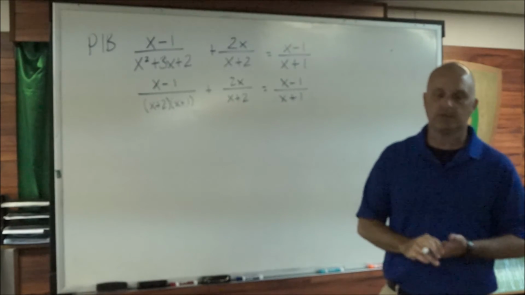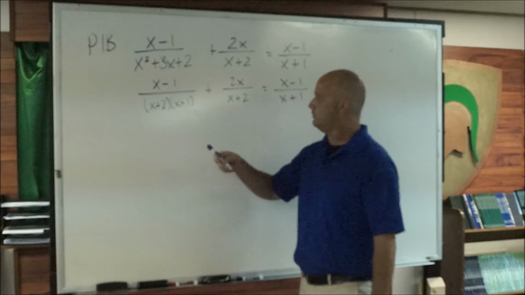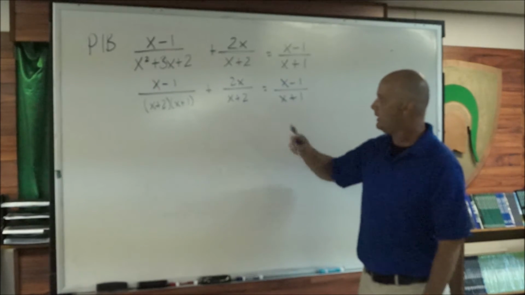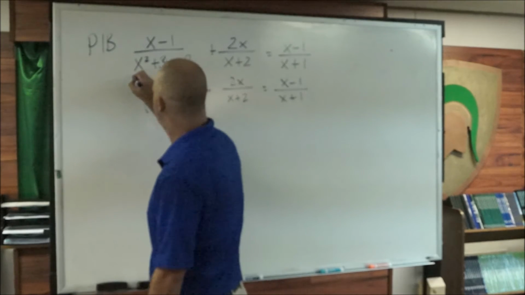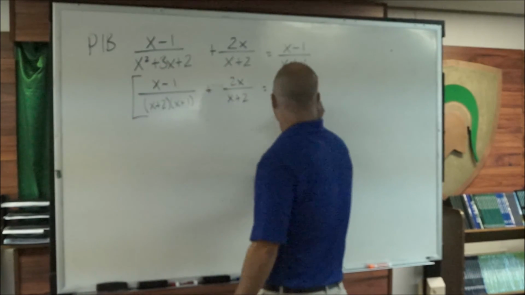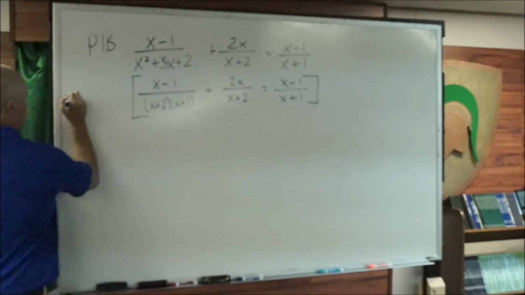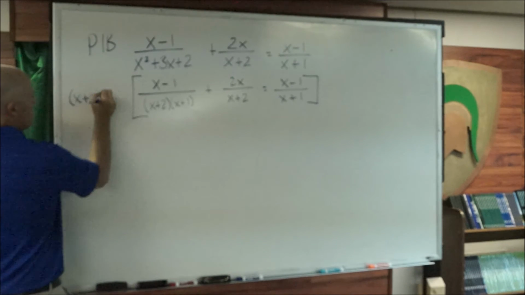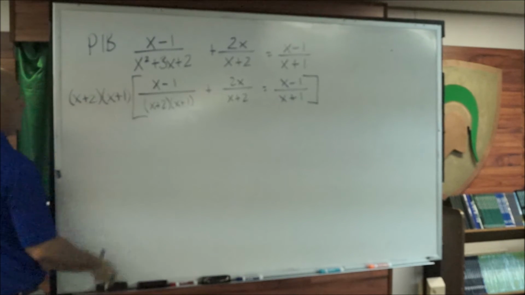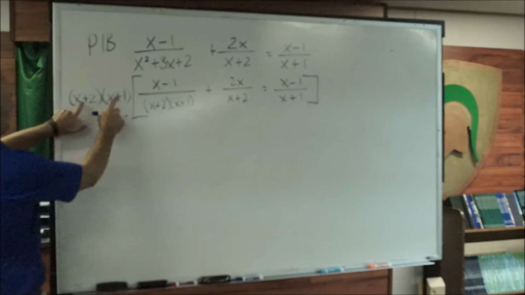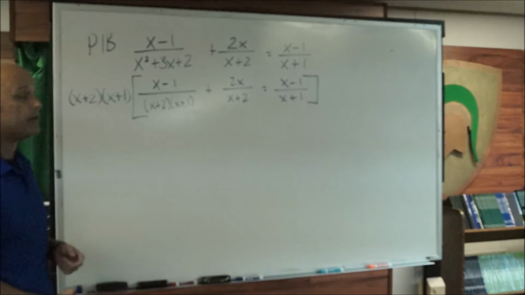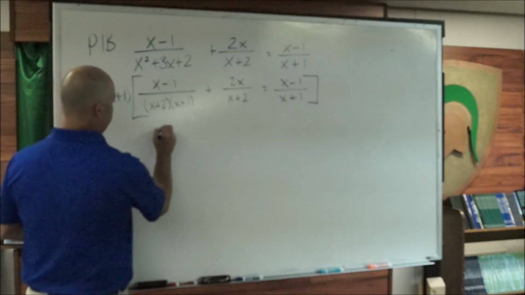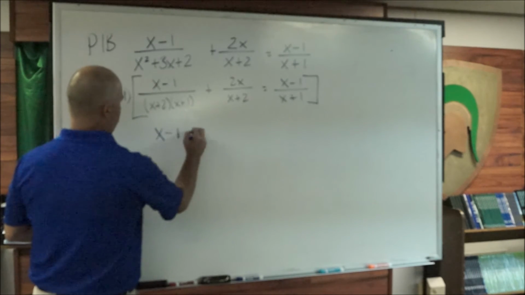So when we look at the least common denominator, we've got an x plus 2 and we've got an x plus 1. We've got an x plus 2 and we've got an x plus 1. So we want to multiply the entire thing by x plus 2 times x plus 1. And so when we do that, we can see that this x plus 2 and this x plus 1 cancel with this x plus 2 and this x plus 1, leaving us with just the numerator of x minus 1.